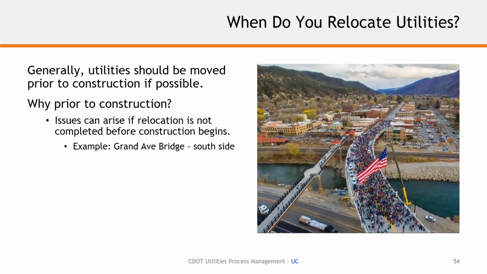And that's something, again, that really needs to be identified at 30 to 60% design, where we're trying to understand how the phasing for CDOT's project and the phasing effort for the utilities really work together in order to achieve the most efficient project. So, Joe, any comments on that?